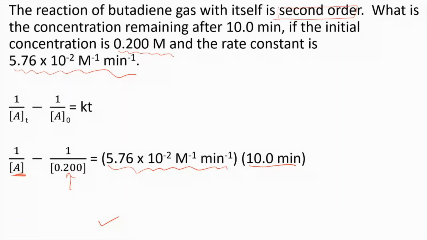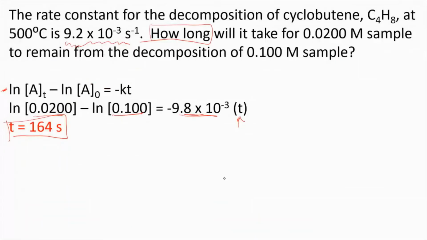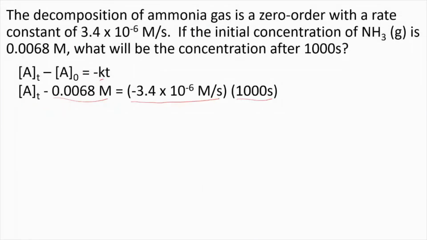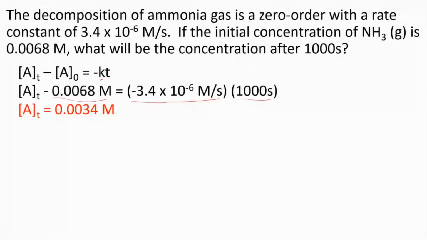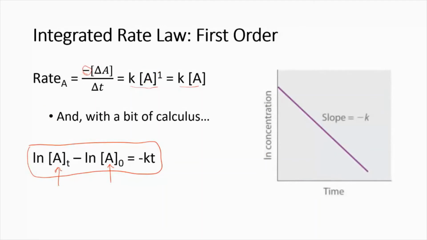Now, if we wanted to go back, let's look at the graphs of these. So we've done some math. Let's look at the graph. Notice that the graph of a zero order is a straight line when I look at the concentration versus time. This is important. In our first order reaction, we had the natural log of the concentration.